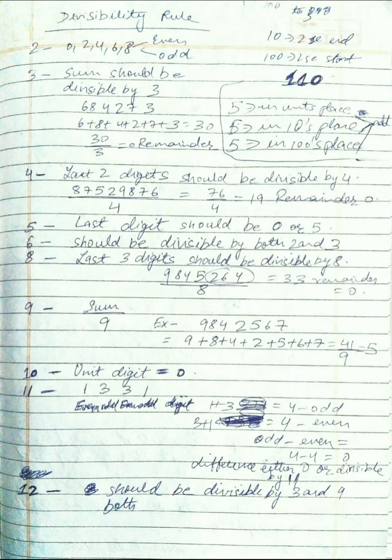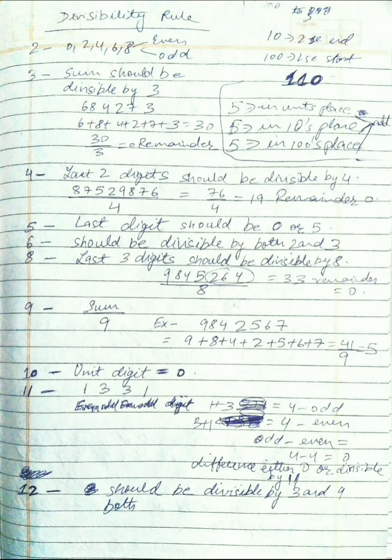Now we subtract, 4 minus 4, which is 0. Therefore, if the difference between the sum of odd digits and the sum of even digits is either 0 or divisible by 11, like 11, 22 or 33, then the number will be divisible by 11.